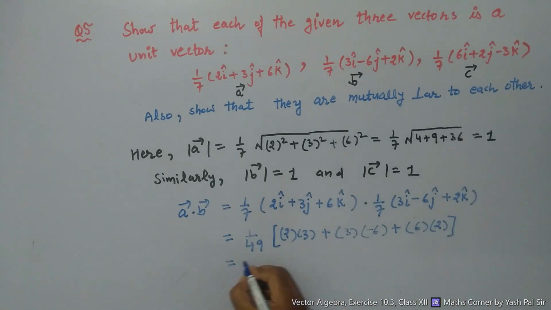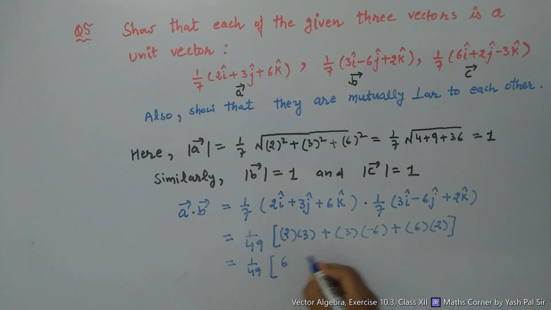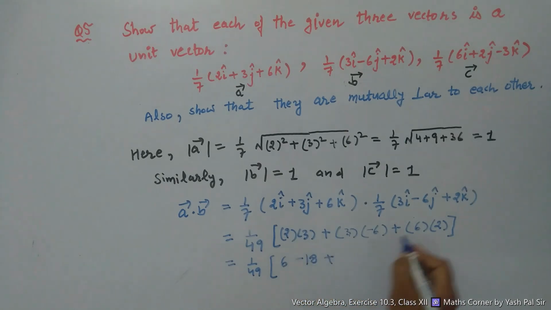So this is equal to 1 upon 49 into 2 into 3, 6, 6 into 3, minus 18, plus 6 into 2, 12. So 6 plus 12 is 18, 18 minus 18 is 0.